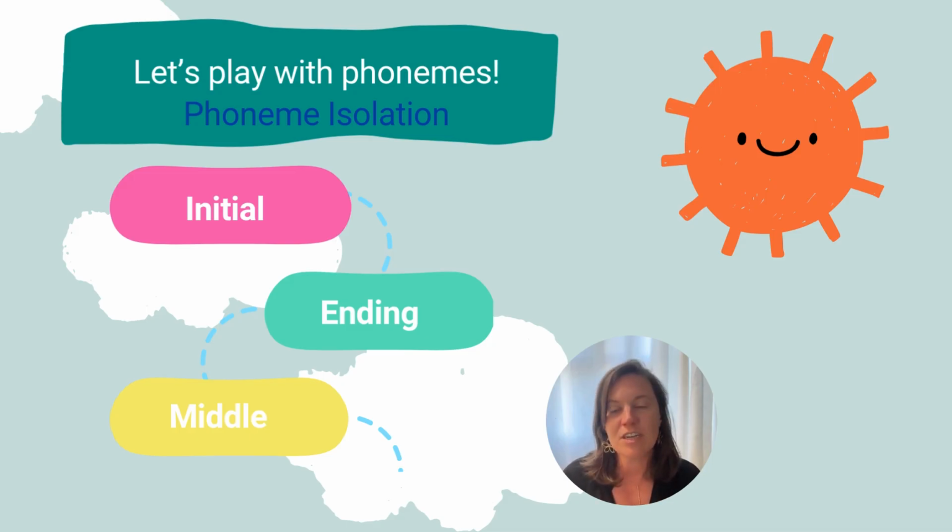So you'll have a student and you'll say, tell me the sounds you hear in man. And they say ma. It's often more of a struggle to separate out the middle sound from the initial and the ending. Let's do some practicing.